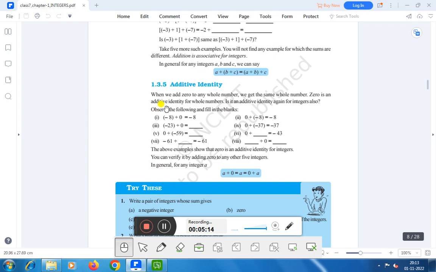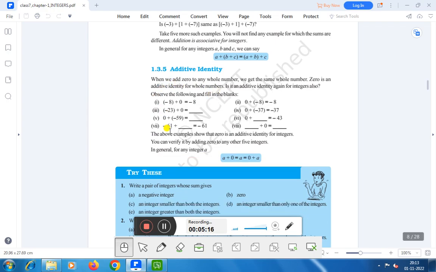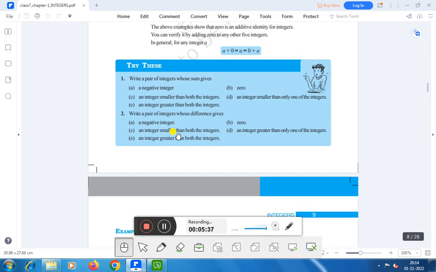Additive identity, right? We can say that 0 is the additive identity. In general, for any integer a, a plus 0 is equal to a is equal to 0 plus a. Therefore, 0 is an additive identity for whole numbers and is also an additive identity for integers.